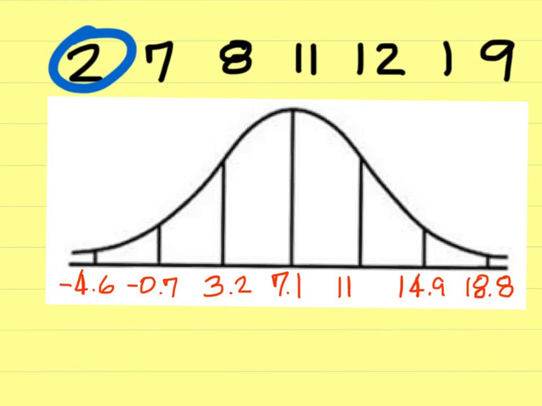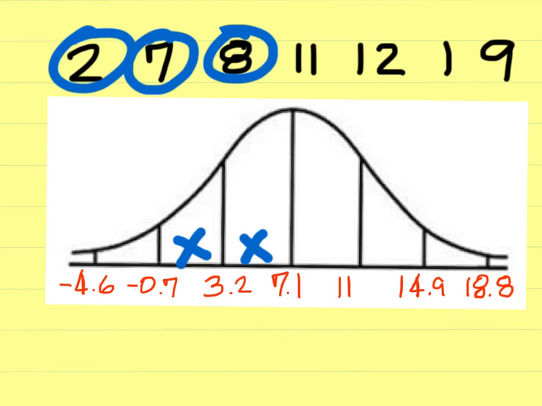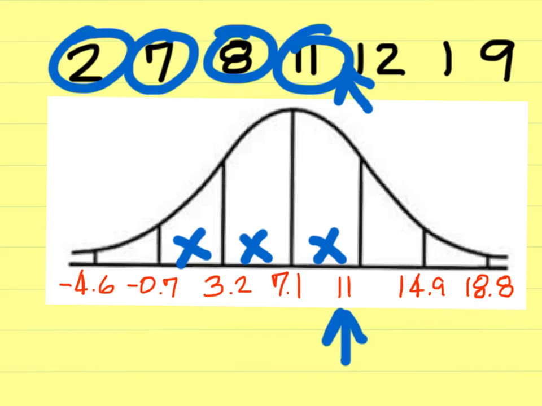The 2 is going to end up going here. The 7 goes here. 8 is here. 11. Anytime you have a number in your data set that matches exactly a standard deviation point, put it to the one in the left here.